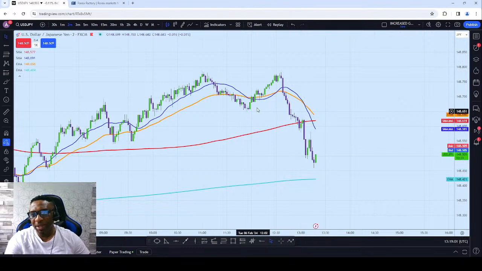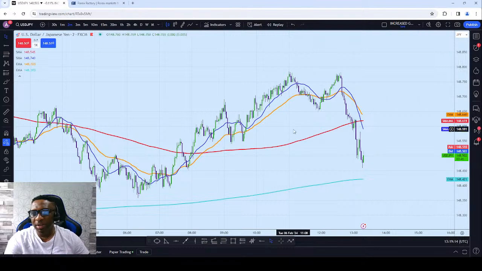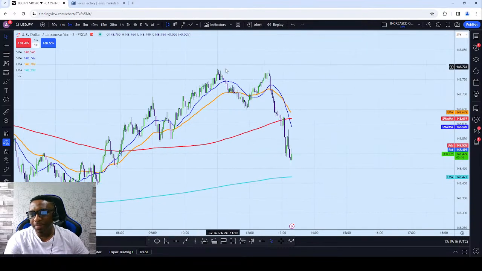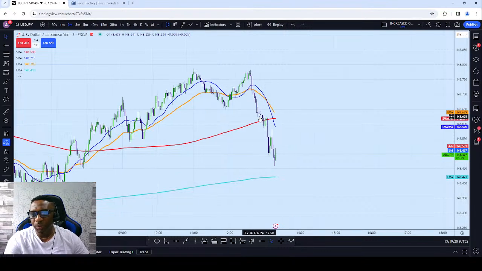We had a nice move down here as price got into its wide states, pushed down, pushed up again to form the M, as we can see, and then dropped.